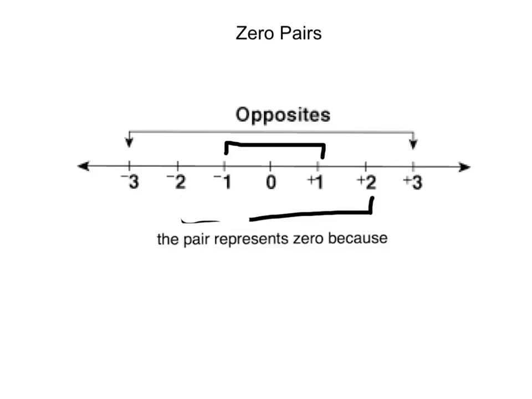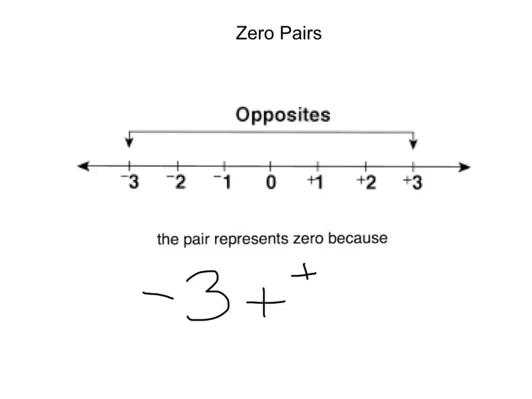Now, I'm going to erase the lines I just drew because I want to show you why opposites or zero pairs represent 0. So if I come back to where I was, and change the size of my pen here, I'm going to use -3 and +3. Now, to see that they equal 0, I'm going to first say that -3, and if I'm adding +3 to it, that should equal 0.